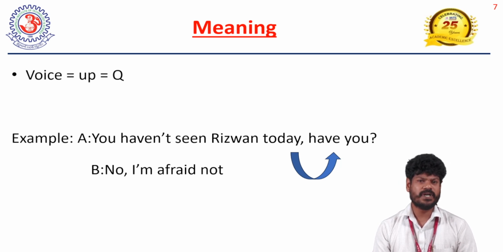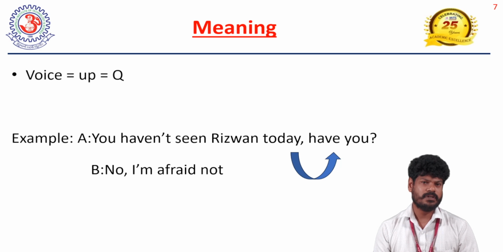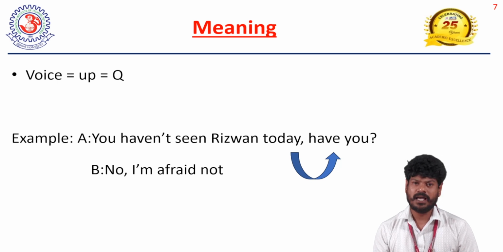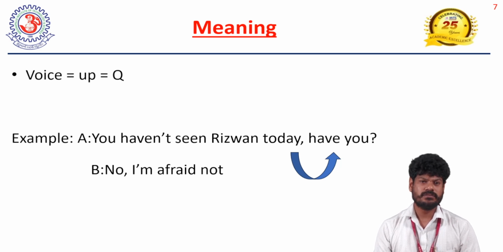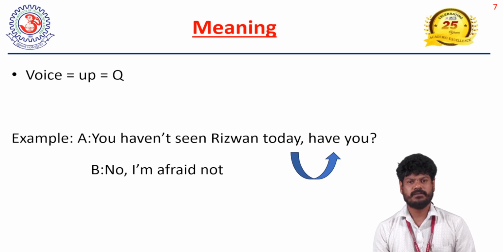No, I'm afraid not. My voice, when it has come to have you, has gone up. You haven't seen Rizwan today, have you? When our tone goes up, the meaning is that we are asking the listener a question and we are expecting some answer.